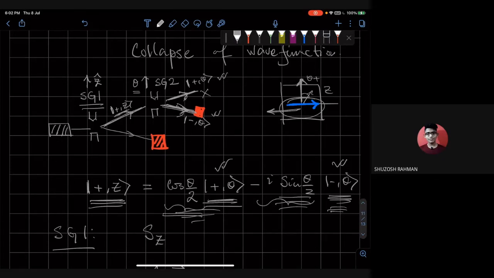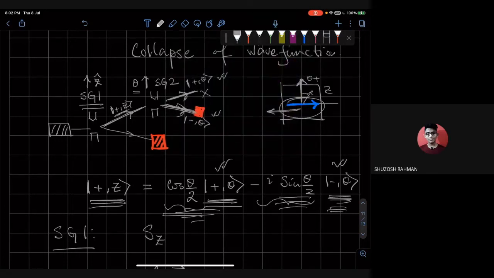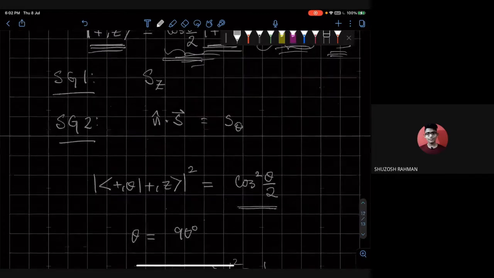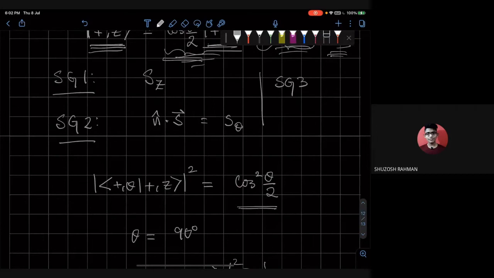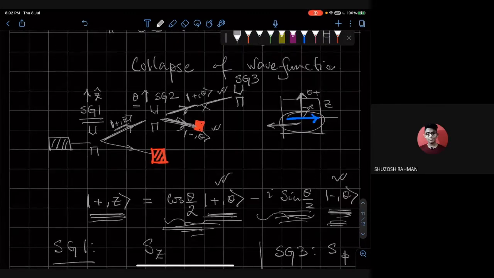Okay. So now let's go crazy and do another Stern-Gerlach. Let's put another Stern-Gerlach here. This guy goes in through SG3, and SG3 makes an angle of phi with the initial z-axis, okay? Then, if that is the case, things that come out here, again, we're looking at just this guy.